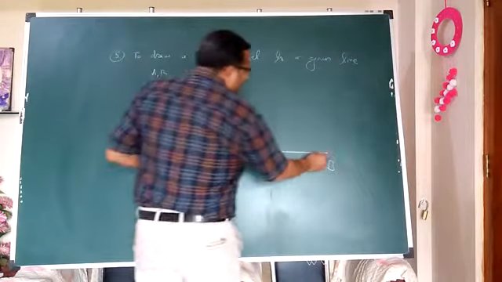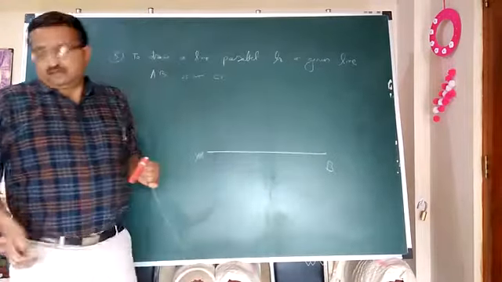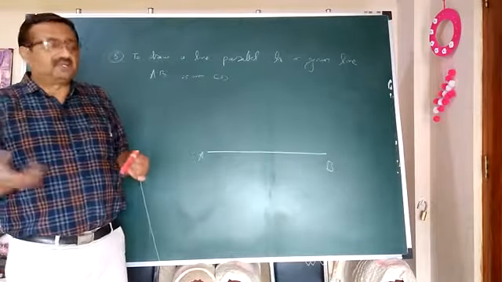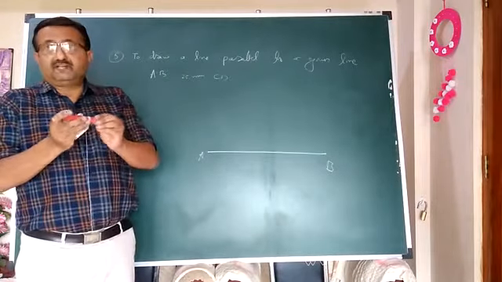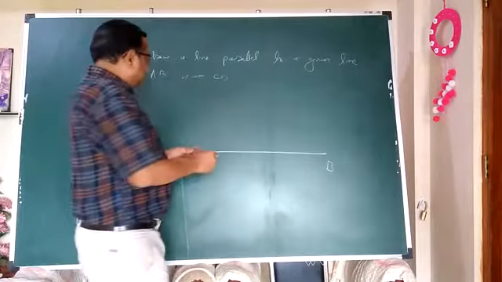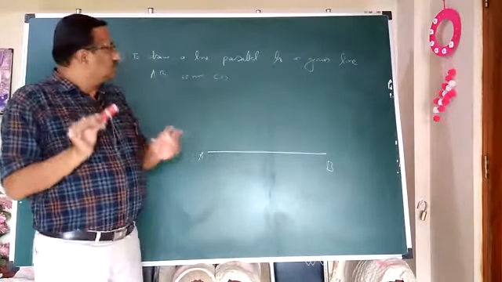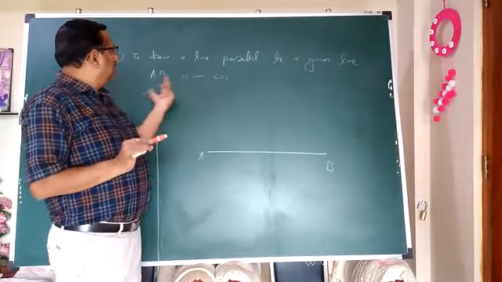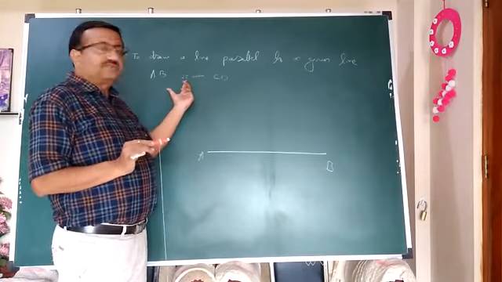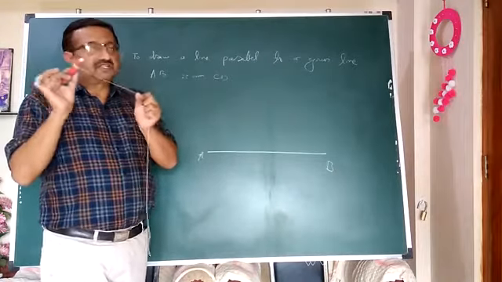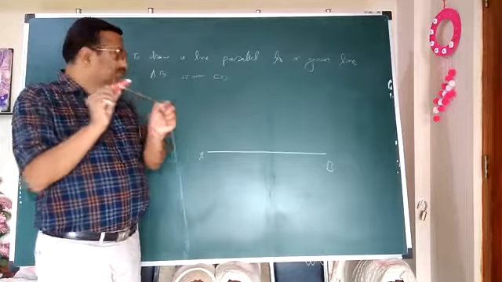So what is the procedure? There are two different methods. First, I will tell you one method. You have to pick the distance by which it should be departed. That is 25 mm. In the compass, pick the distance of exactly 25 mm in this way.